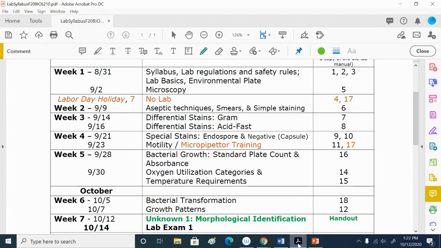Right, the primary stain is crystal violet. Then you rinse that off and then add the iodine. And then rinse that off. Then decolorize. But decolorize with what? Alcohol. 95% ethyl alcohol, right? And then we counterstain with what?